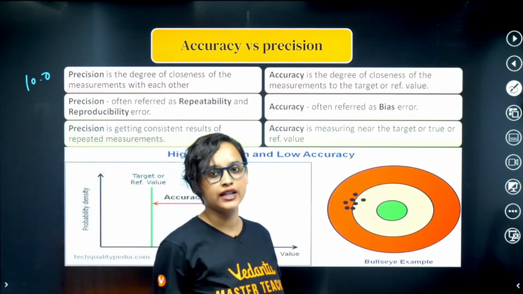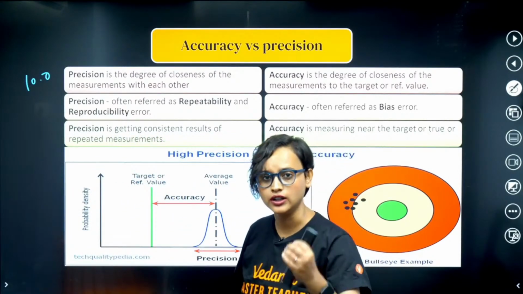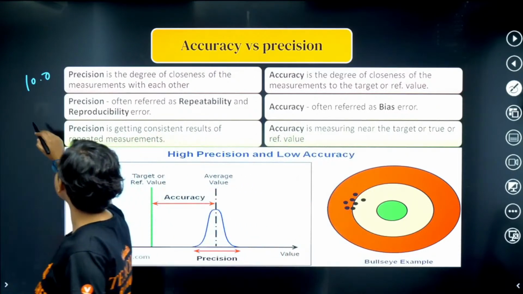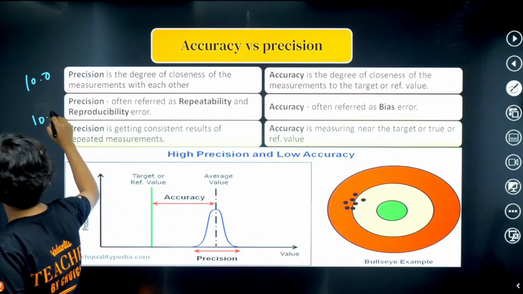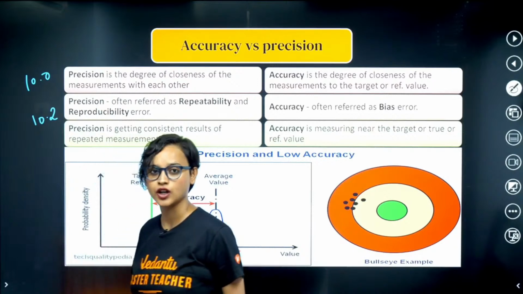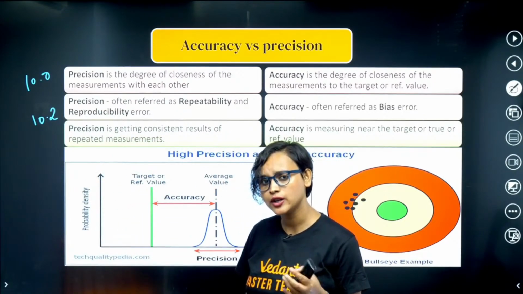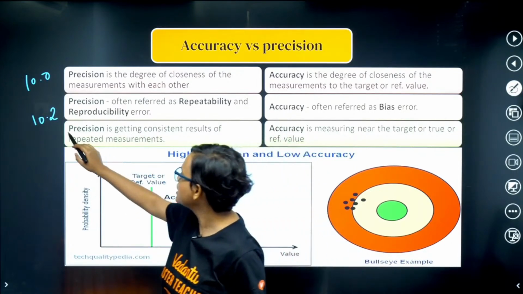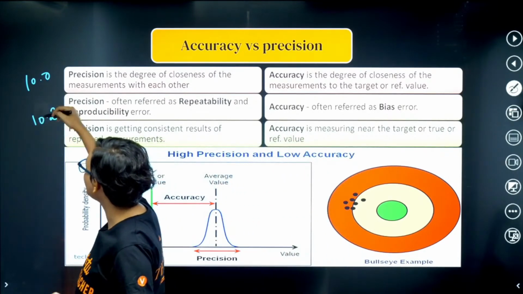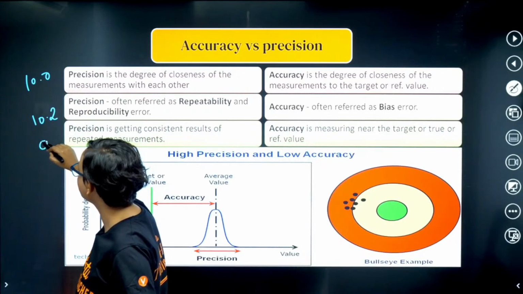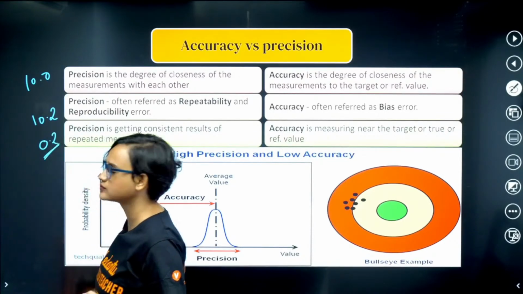Now, let's say you, my dear student, are Rahul. Rahul, you get the result to be 10.2. Now, can I say that you are accurate? Probably yes, you are accurate, because your result is just a difference of 0.2.